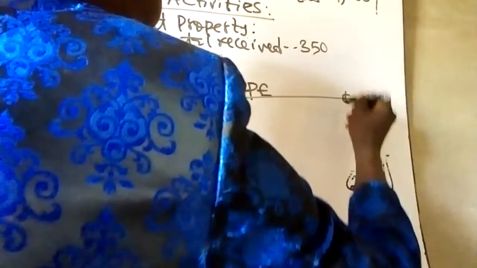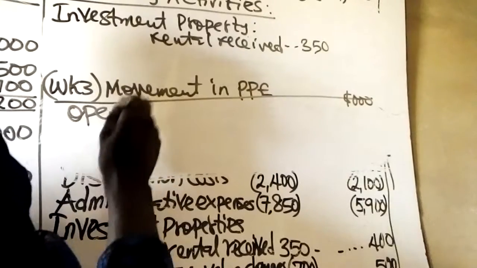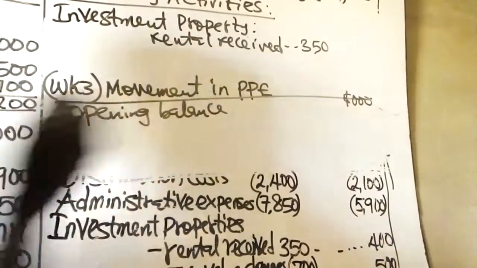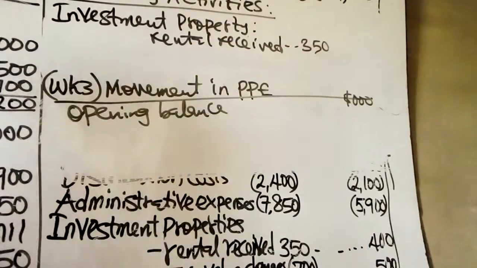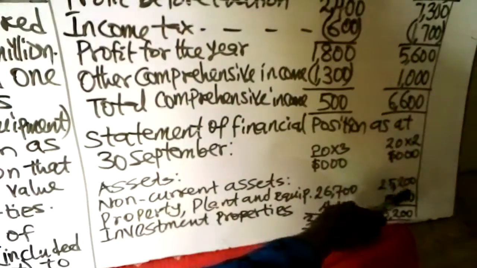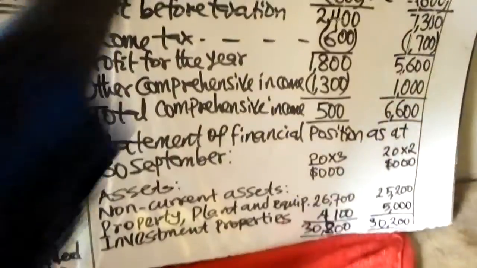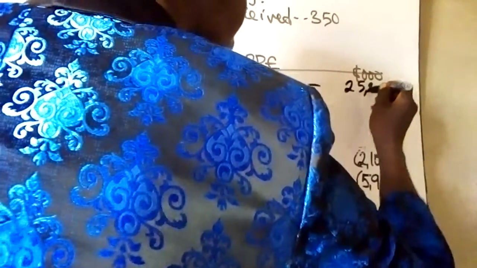Don't forget, I've told you that in any of your working, you start with the opening balance. The opening balance of our property, plant, and equipment is 25,200.